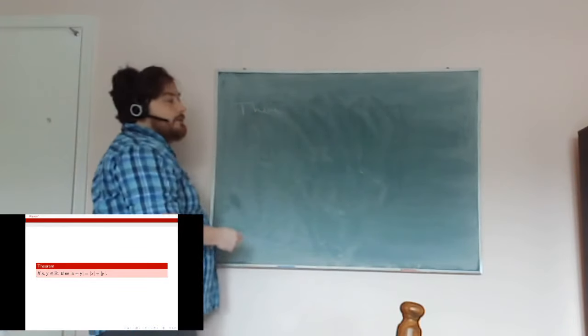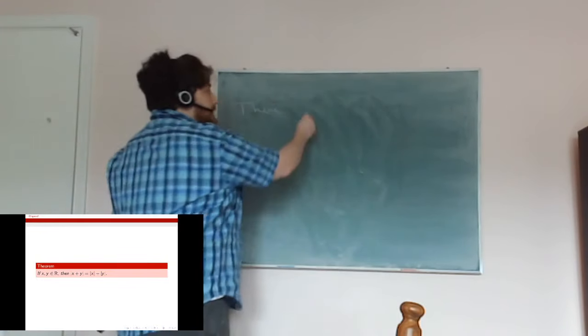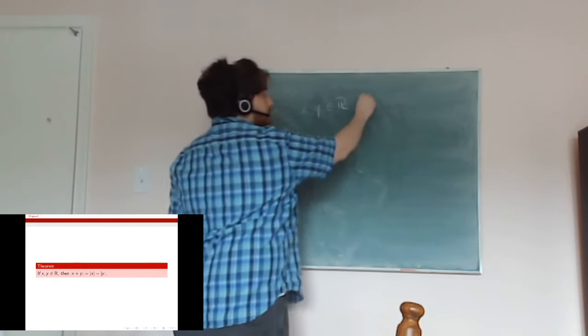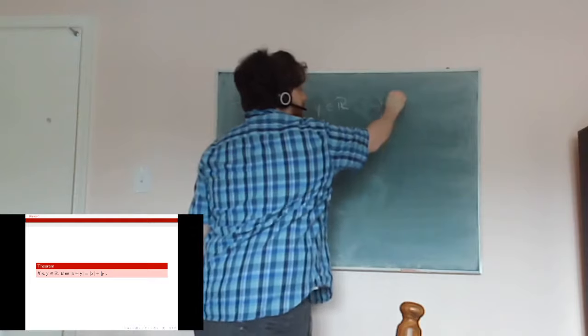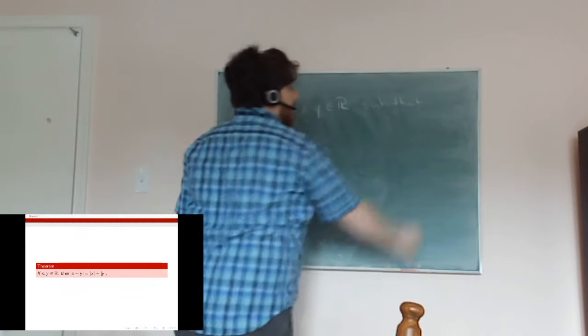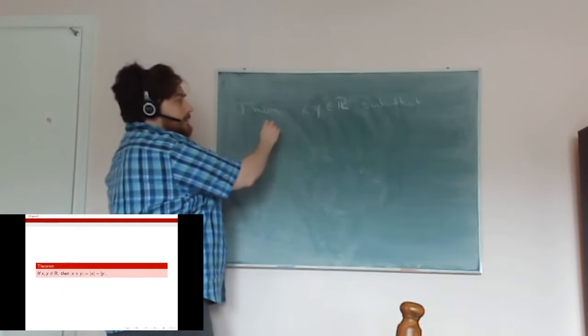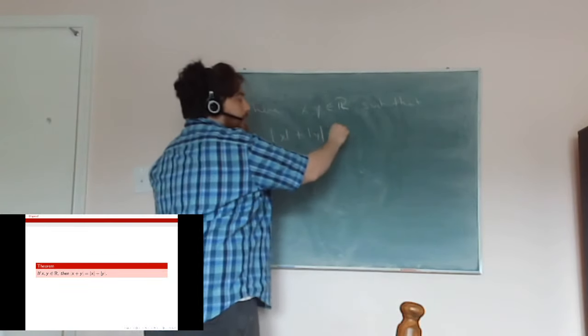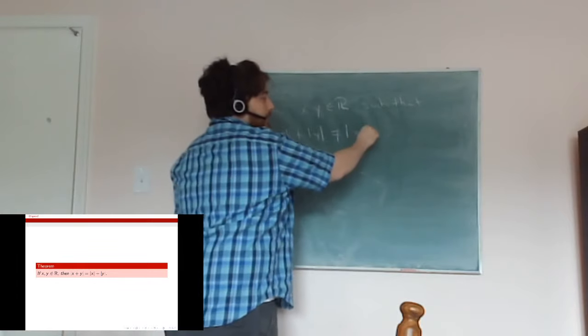So I'm going to first write down the negation. There exists an x and y in the set of real numbers such that, and then I have to negate the statement. So that would be the absolute value of x plus the absolute value of y is not equal to the absolute value of x plus y.